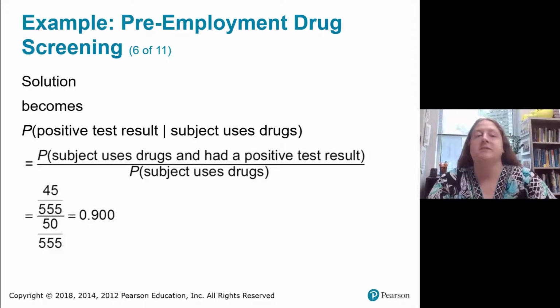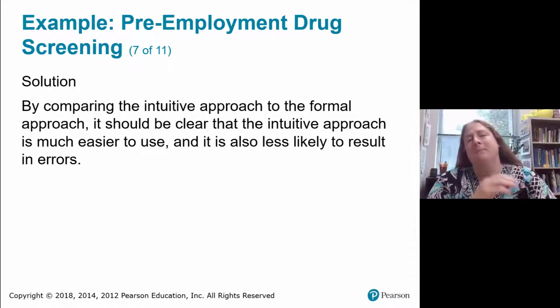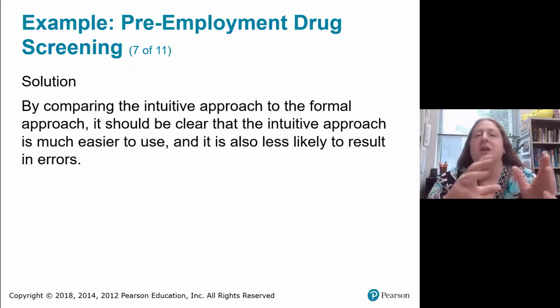We get to the same place with both our intuitive approach and our more formal approach. Now, it's really important that we notice that when we use the intuitive approach and the formal approach, we ended up in the same place. And the intuitive approach was a lot less cluttered looking. It wasn't those double fractions.